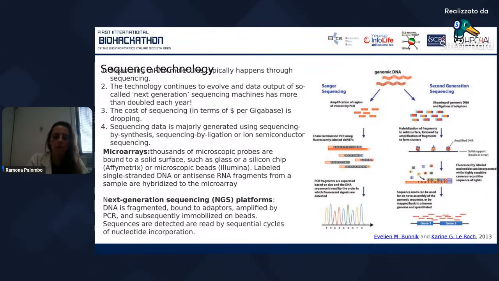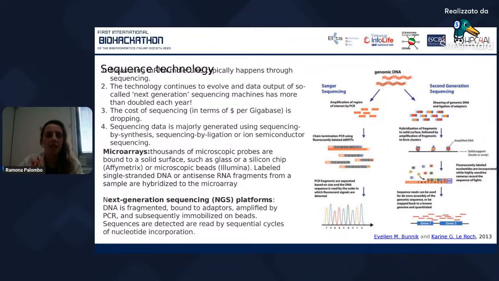And this is the reason why I started this presentation with the description of DNA and RNA molecules, because when we talk about DNA, but also RNA, we can be sure that a single strand can pair with another one.